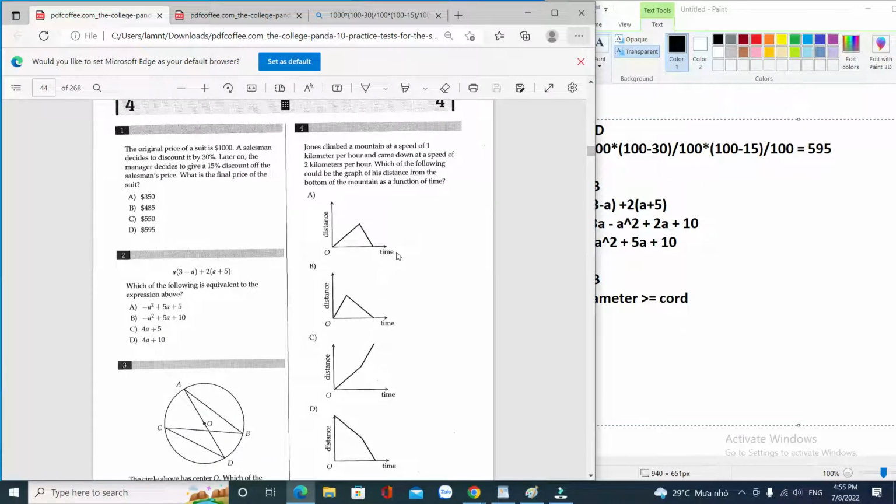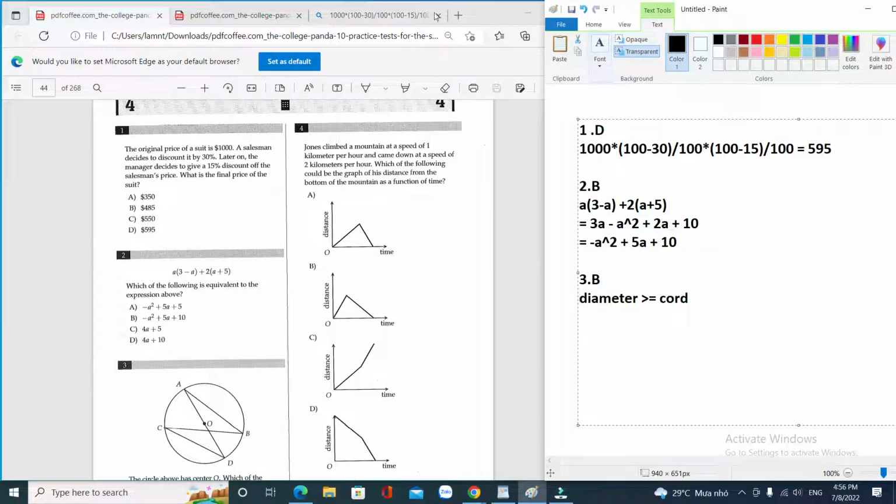So we know that John climbed up the mountain from the bottom, and then he climbed down. So first the distance from the bottom of the mountain has to go up, and then it has to come back down. So it should be A or B.